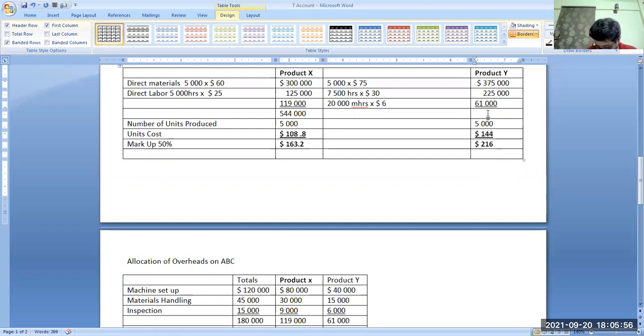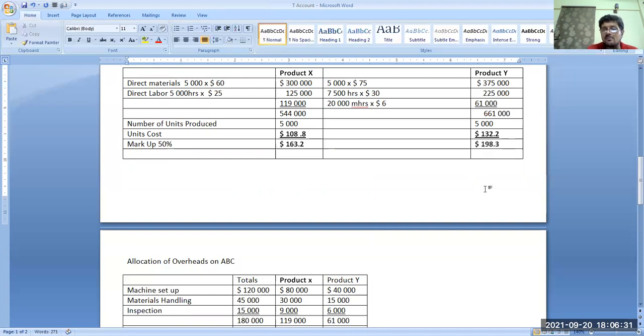So that is 661,000. $661,000 divided by 5,000. So per unit cost would be 132.2. Multiply by 150%. So 198.3 would be the cost.